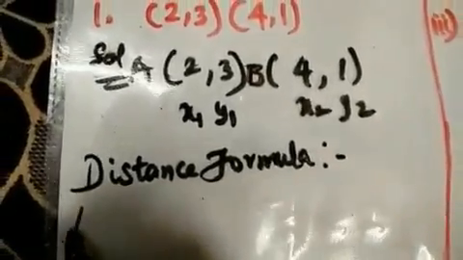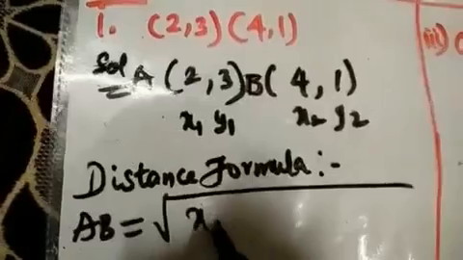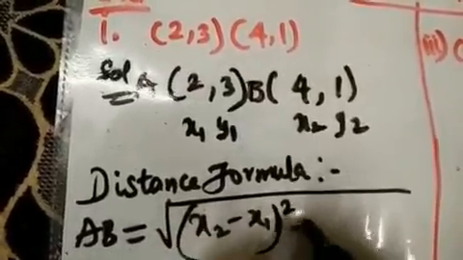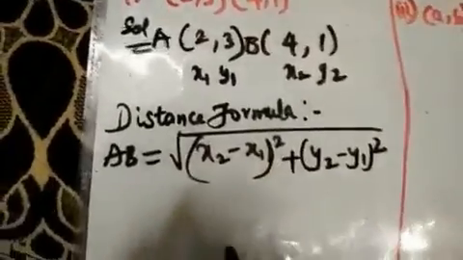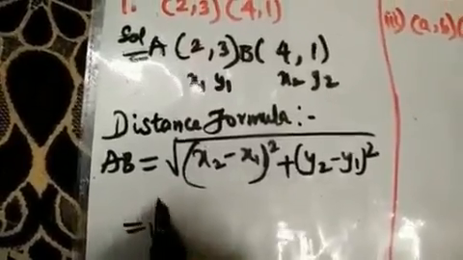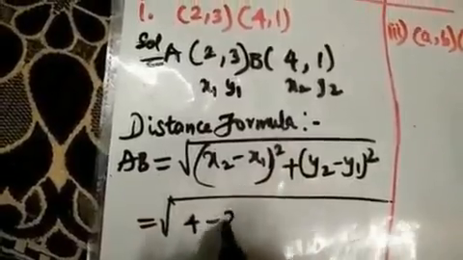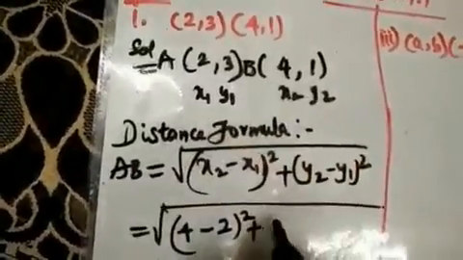So I am writing AB equals, first let us write down the formula, the square root of x2 minus x1 whole square plus y2 minus y1 whole square. Done? Now it equals, what is x2 here? 4 minus 2 whole square. Be very careful, don't make any mistake in substitution.